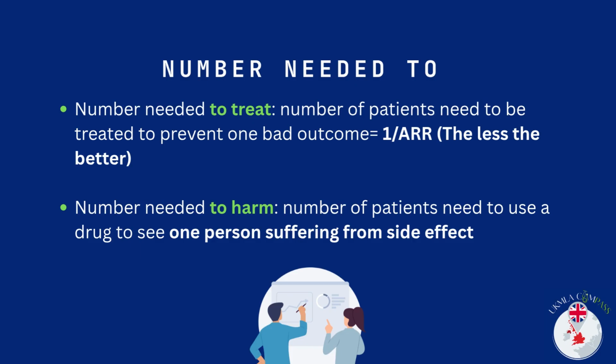So whenever we have, for example, a drug that has a number needed to harm of about 1,000 people taking this drug and only 2 become affected with AKI, for example, then this is a highly safe drug. Number needed to harm is the same, but it's actually measuring the side effects. So the higher this number is, the safer this drug.